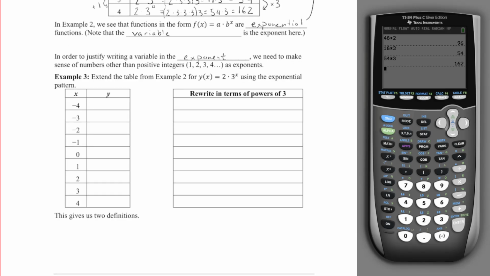So in example 3, we're going to look at this table that we had before. We just filled in this table for 2 times 3 to the x. And the values that we had were 6, 18, 54, and 162.